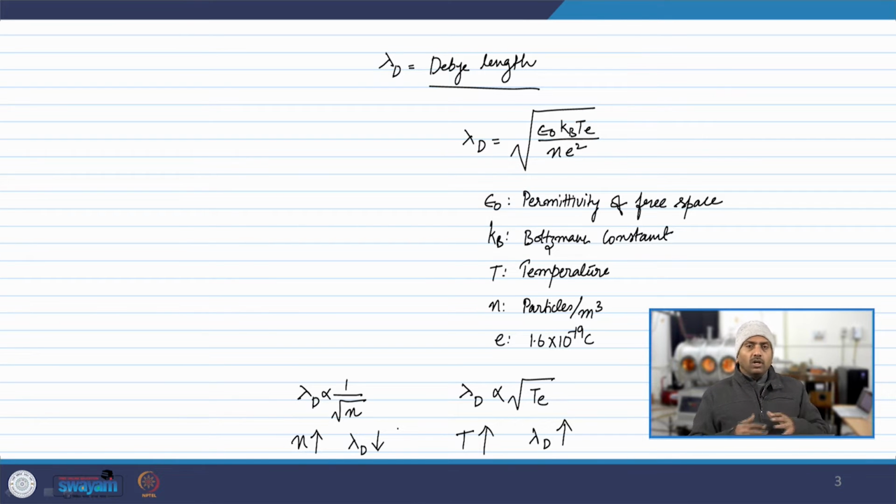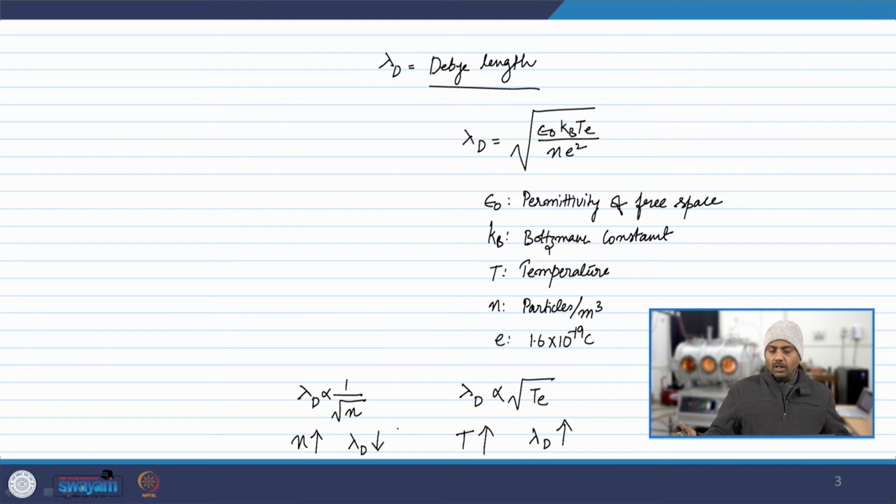If there are more electrons per unit volume, the positive charge will be nullified by the larger number of electrons surrounded in its vicinity. That means effectively the distance up to which electrons need to be available to shield the positive charge will decrease. So, that is why lambda d decreases.